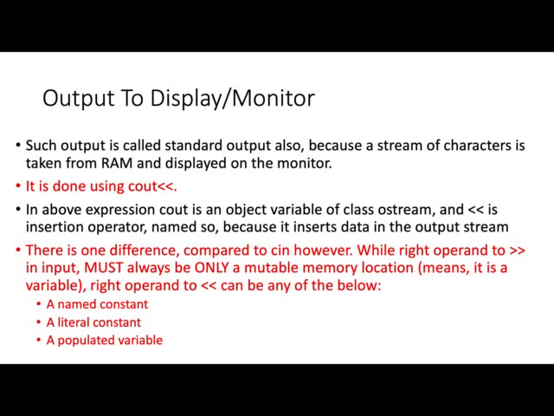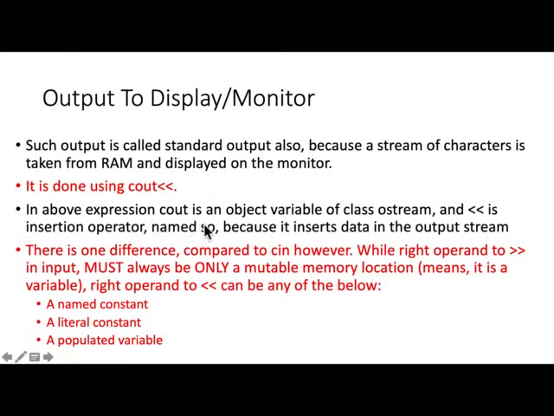The insertion operator points to its right operand. If you can just remember that, you're not going to have any problem. Okay, so let me say those words. Extraction operator points to the right operand. Insertion operator points to the left operand.